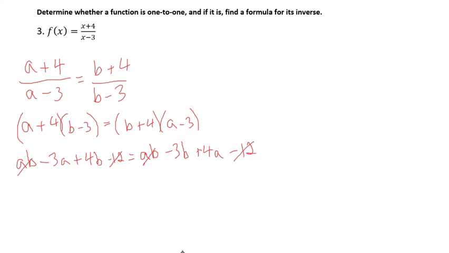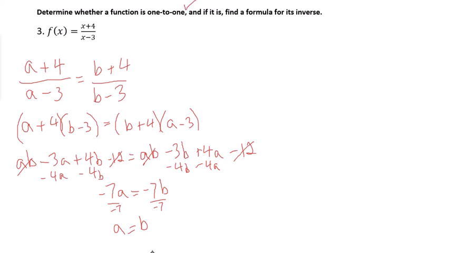And I'm going to subtract 4a from both sides and subtract 4b from both sides. And we get negative 7a equals negative 7b, which if you divide by negative 7, you get a equals b. So it is one-to-one. So this part is done.